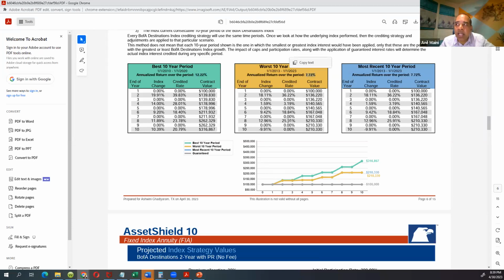So you can show the client that even if the market performed the worst, like in the period 2013 to 2023, that is the worst period, even in that period the average return was 7%. By the rule of 72, you all know, 72 divided by 7.72, approximately in 9 years your money will double, even if the market performs the worst. Okay.